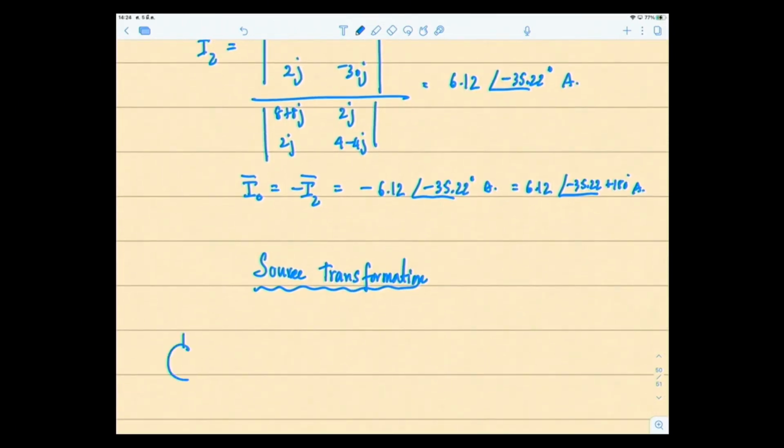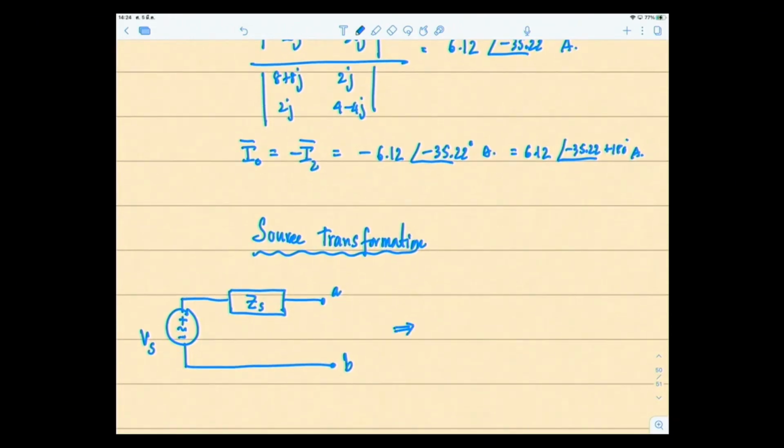So whenever you see a voltage source that is part of the circuit and has an impedance connected in series to it, you can transform this into a current source, and the value of the impedance stays the same, but the location changes: it becomes connected in parallel to the current source, and the value of the current source becomes Vs over Zs, just like Ohm's law, I equal to V over R, so it's V over Z.